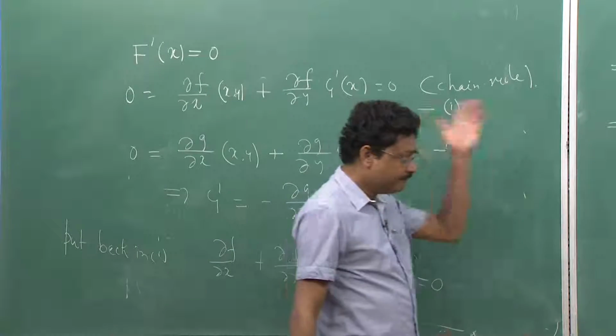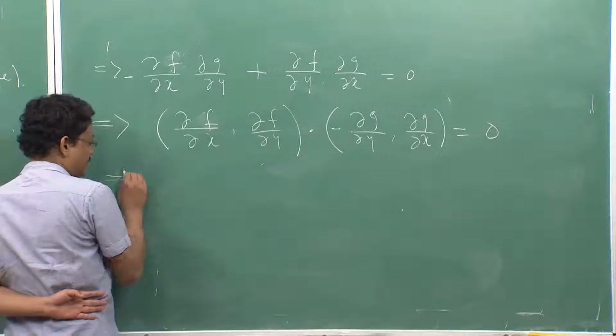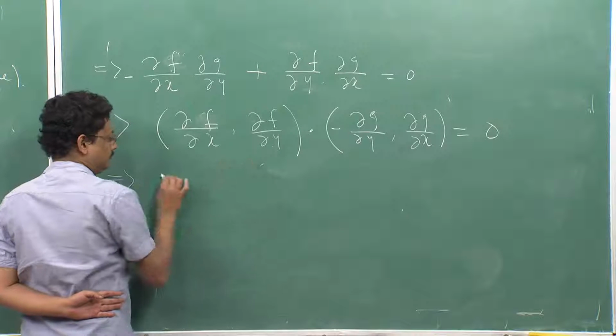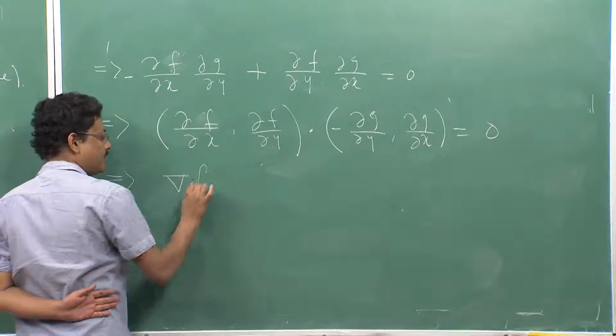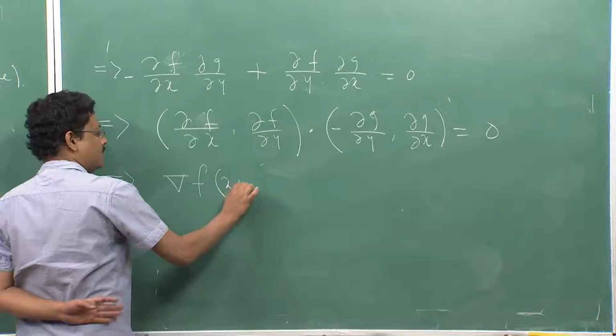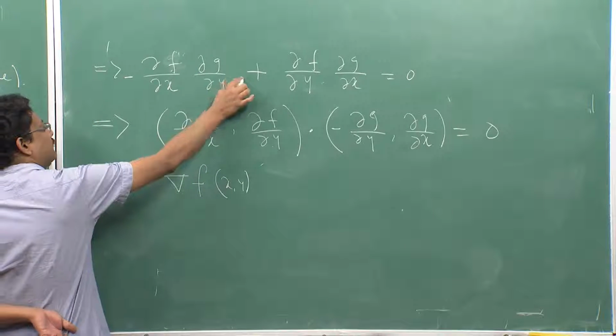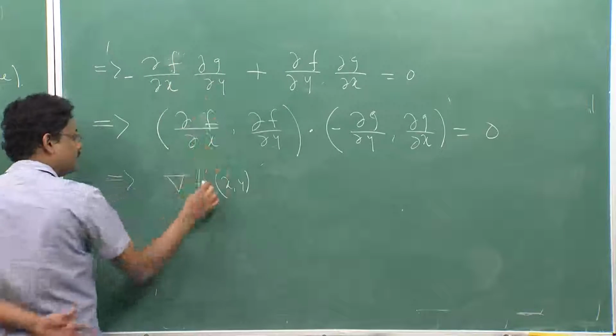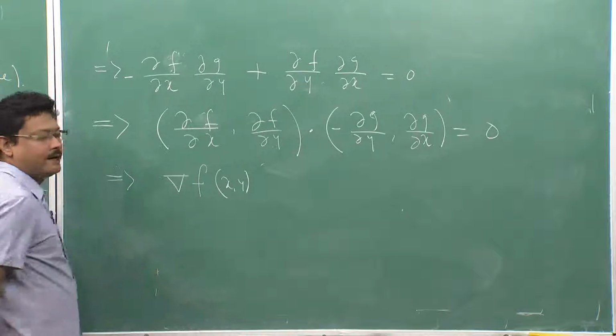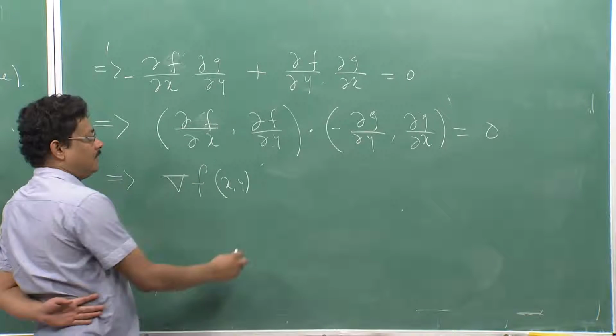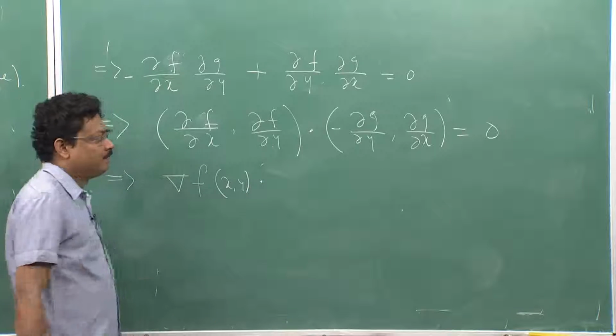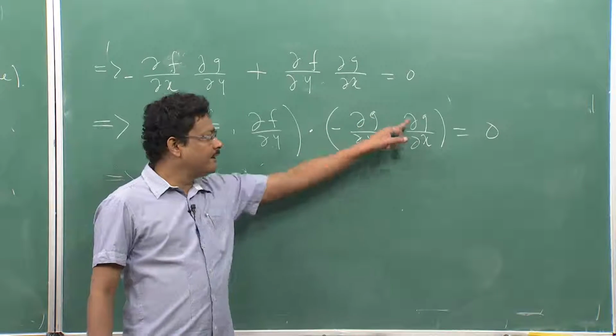So, what does it mean? What is this? This is simply grad f at (x, y). I have not written (x, y), it is always there, but now I write this as grad f at (x, y) dot with (minus ∂G/∂y, ∂G/∂x).